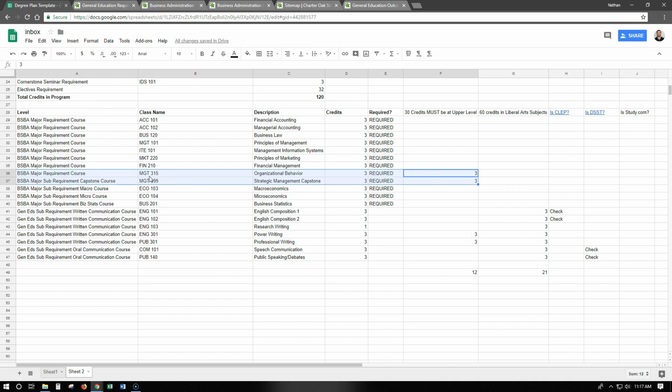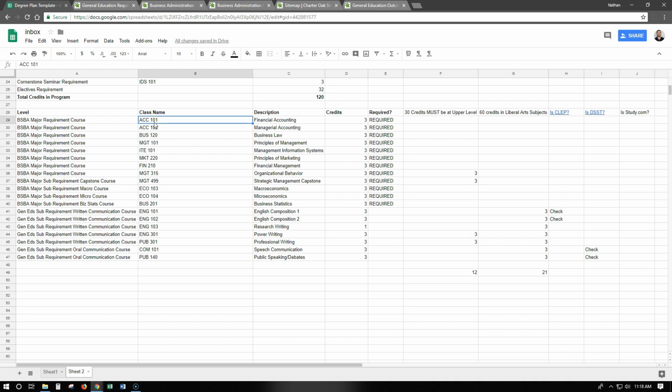Upper level means, so the numbers in the courses, right? So 101, 102, 220, 315, 499. The first number designates the year that you normally would take this course. That's true across almost every single college I've ever seen.